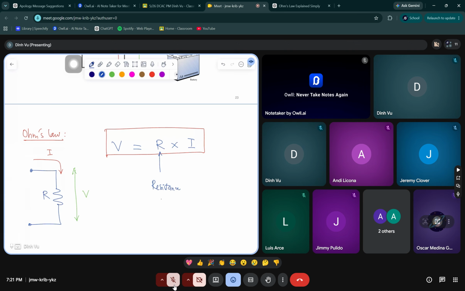The unit of R is ohms. I stands for the current. The basic unit of current is ampere. We use the capital letter A representing ampere.